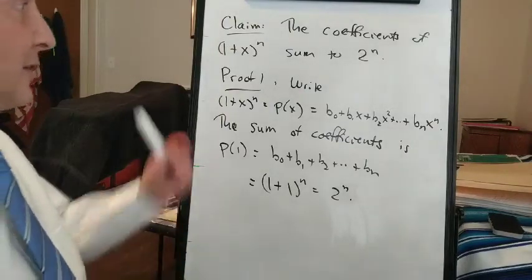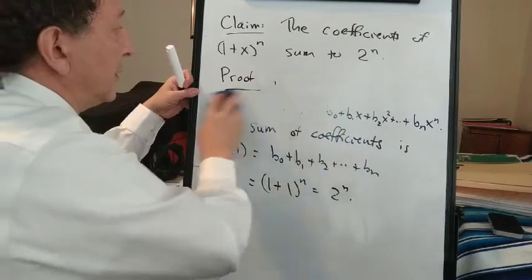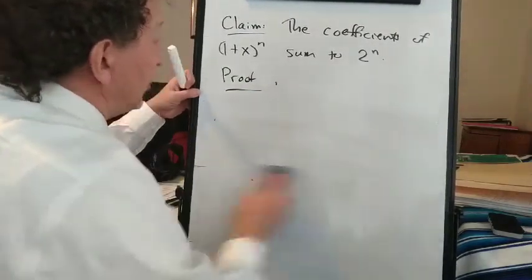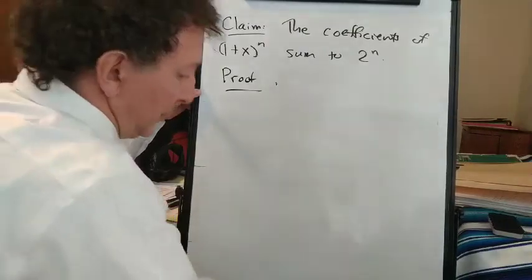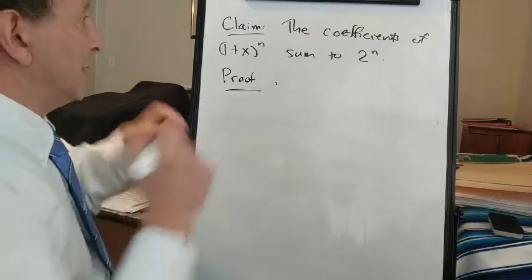Now let's look at it another way. Proof 2. Anything to the 0th is 1.